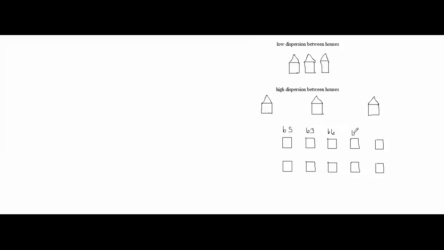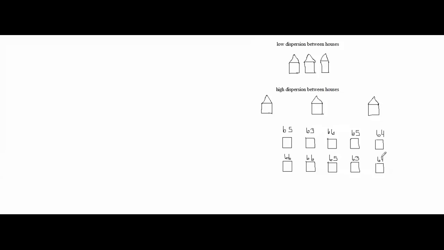I'll just write the speed that each car is driving. I'm just making up these numbers as an example to show a low amount of spread or a low amount of dispersion. Notice how these speeds are all very close to each other.